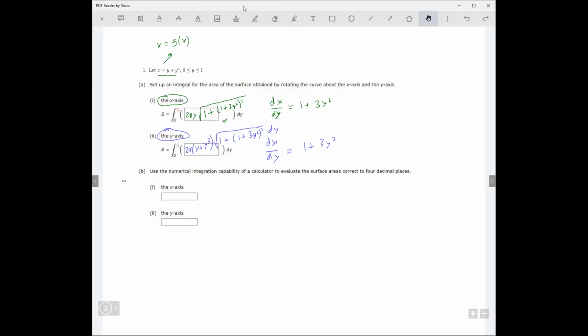Last time I showed you Wolfram Alpha, but this time I'm going to use Geogebra. I think it's geogebra.org. So let's flip over to Geogebra.